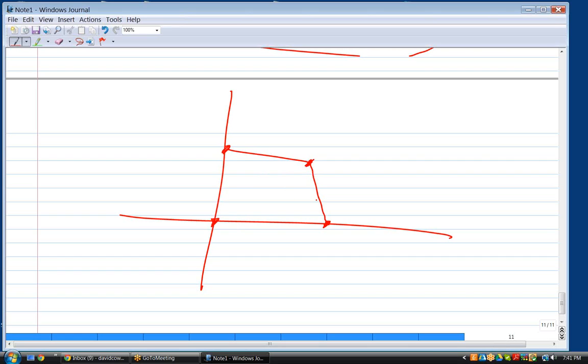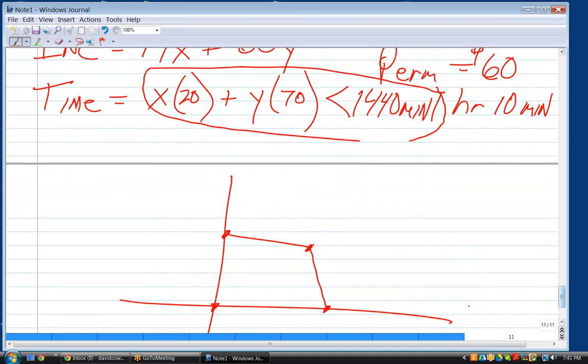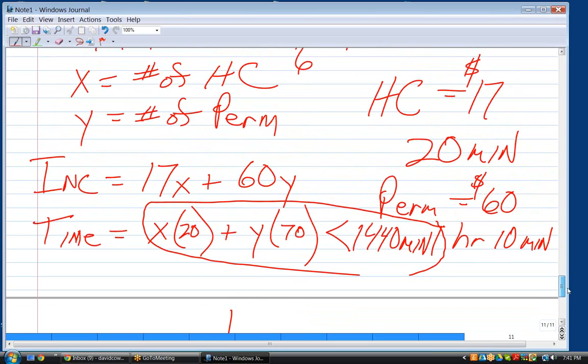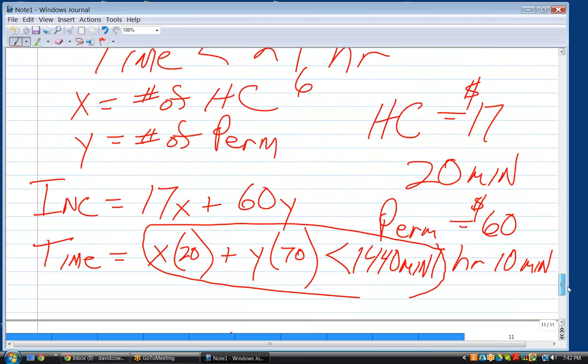Now, how do we get this picture here? We only have two lines, right? There's two lines intersecting each other. But how do we find the one line if 17x plus 60y isn't equal to anything?